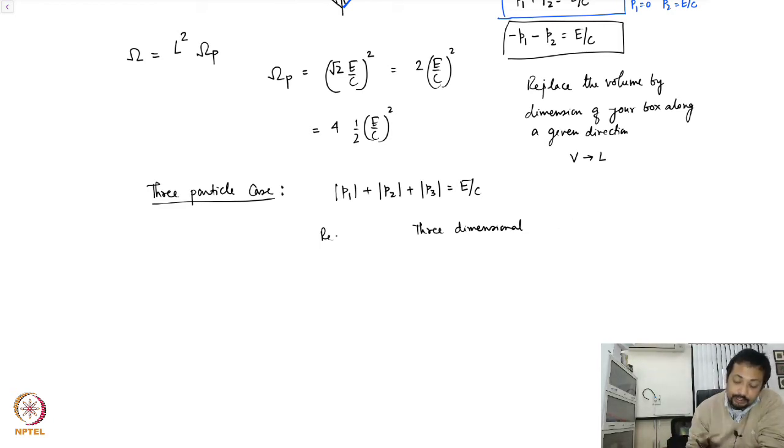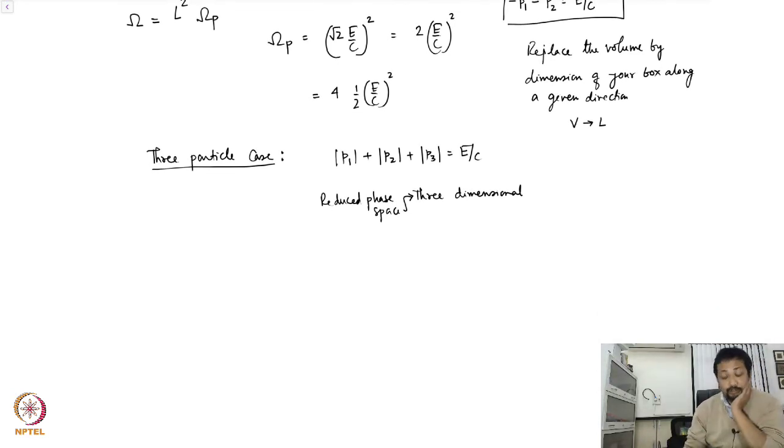The reduced phase space is now 3-dimensional because the Hamiltonian does not depend on the coordinates. So we write down the total number of microstates now as L cubed, because there are 3 particles, each of which can explore a region of size L, times omega P.